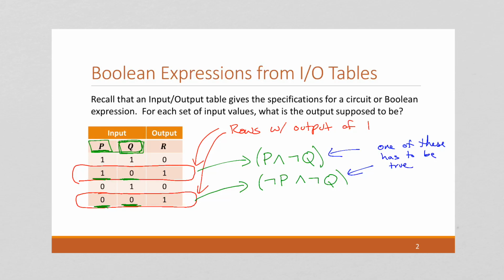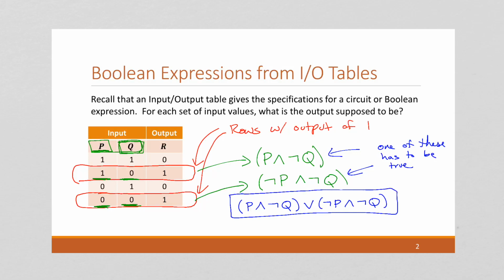So we can write that as P and not Q, that's that first expression, or not P and not Q. Like that. And this is, in fact, the Boolean expression associated with that I/O table.